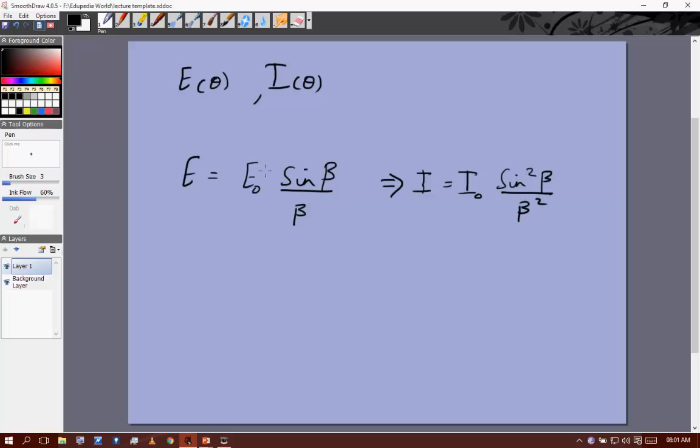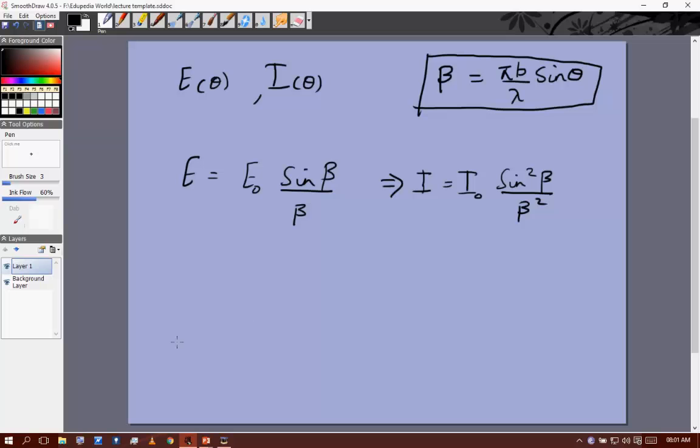Now what is beta? We wanted E as a function of theta, not E as a function of beta. So beta is actually equal to pi b by lambda sine theta. So beta is a function of theta itself, and E and I are both functions of beta. So we are able to see how E and I behave as a function of theta.